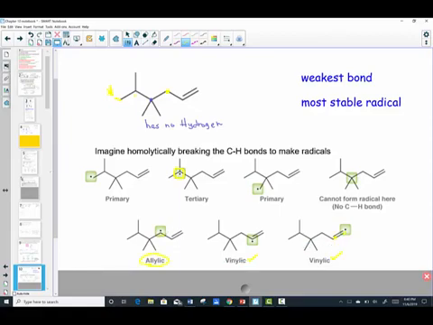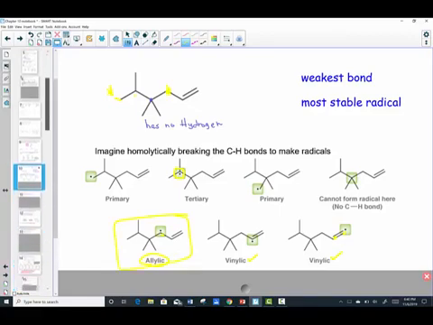It must be one position over to be resonance stabilized. So of all of those positions, we understand the best position would be this carbon that has an allylic position to the double bond. That would give us the most stable radical. And that's all that question really was asking.